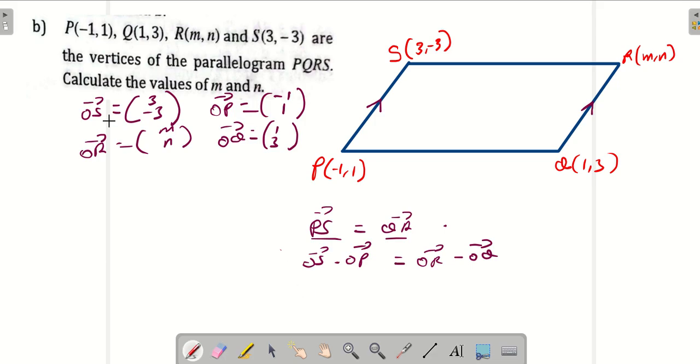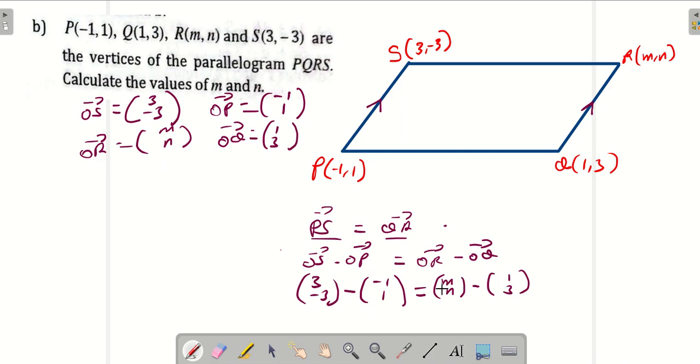Our OS is what? 3, -3 minus OP. OP is what? -1, 1. Then that should be equal to OR. OR is what? M, N. Then minus OQ. OQ is what? 1, 3.